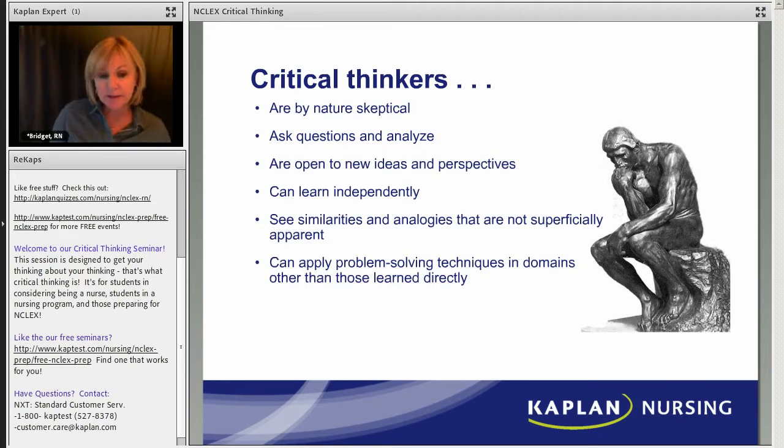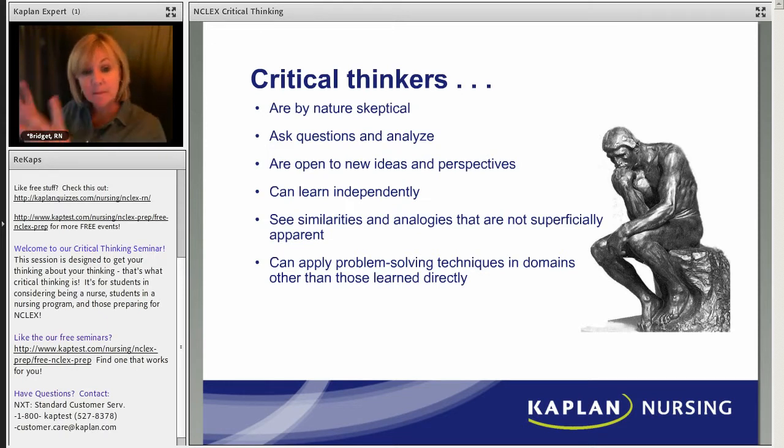We're able to apply these problem-solving techniques in domains other than those learned directly. So that's kind of like in theory. When you're in your lecture class of theory, or if you're taking your CPR class or any sort of classroom, hardly ever do you take the information that the teacher is giving you and apply it right to a patient.